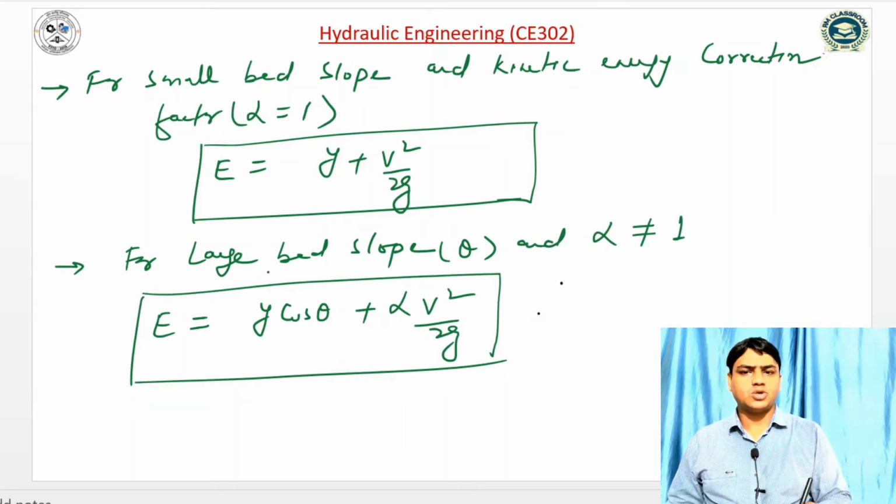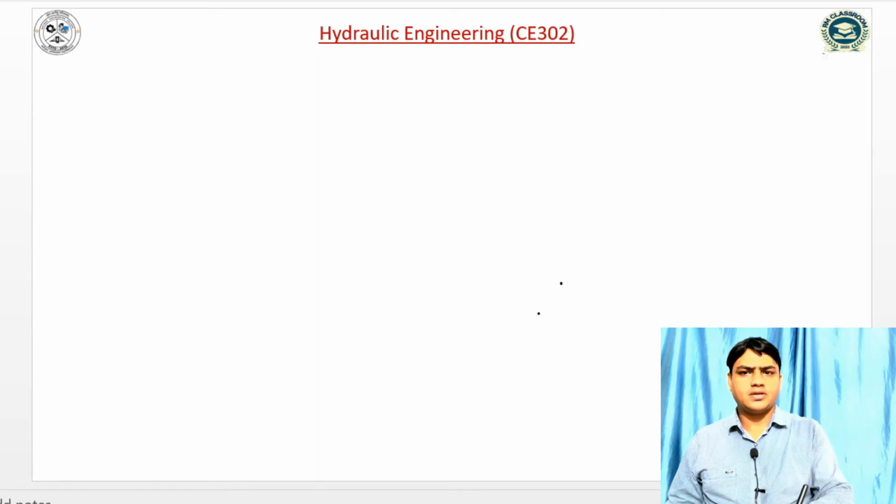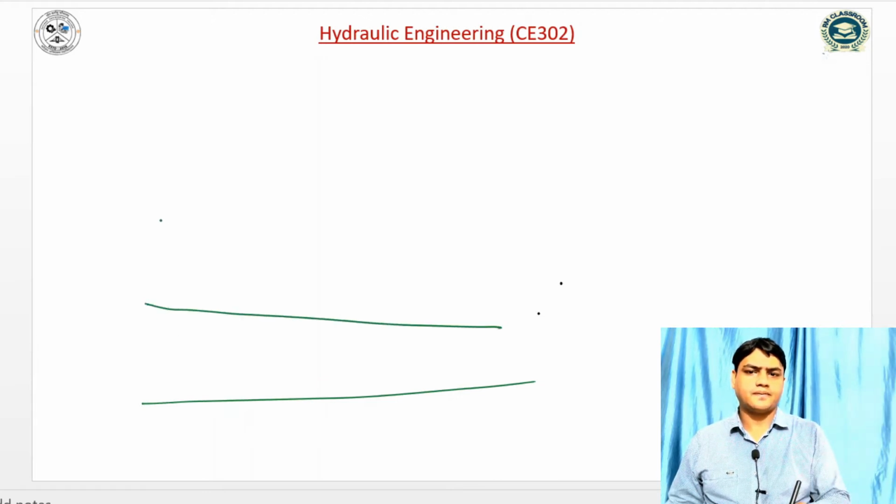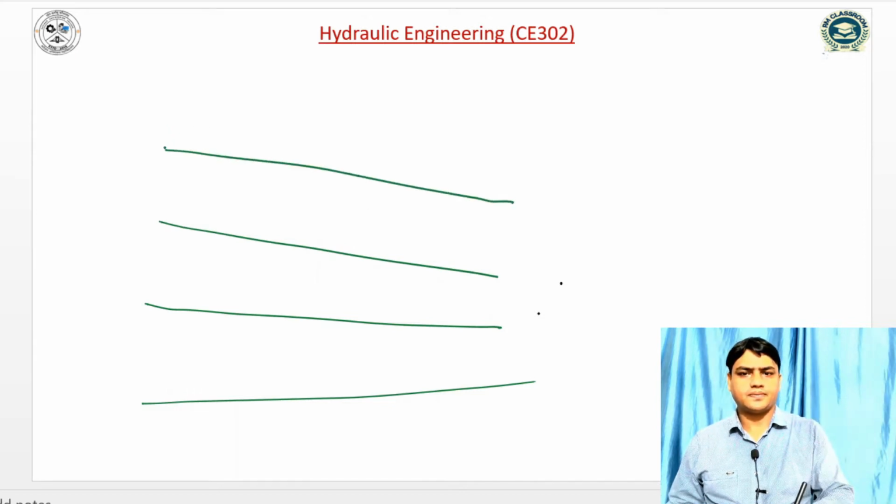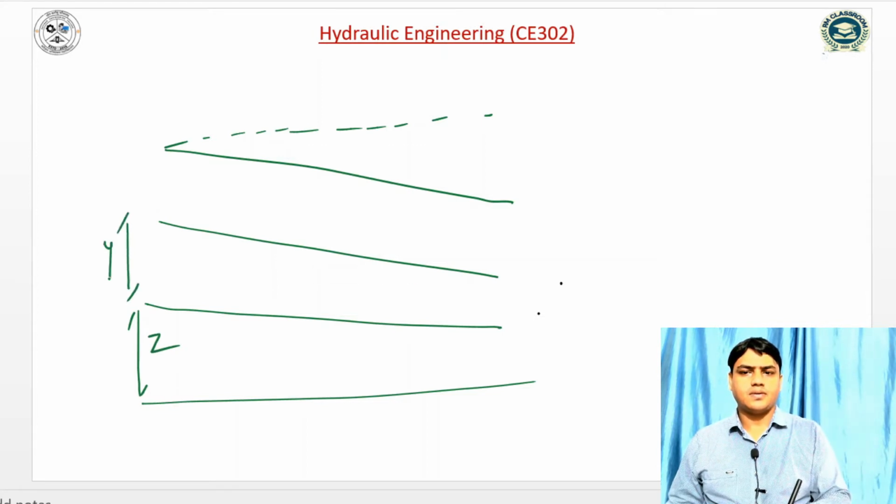Specific energy can also be defined as the sum of depth of flow plus velocity head. If I draw this, this is the datum, this is the water surface, and this is the energy line. This value is Z, the datum head, then depth of flow and velocity head.